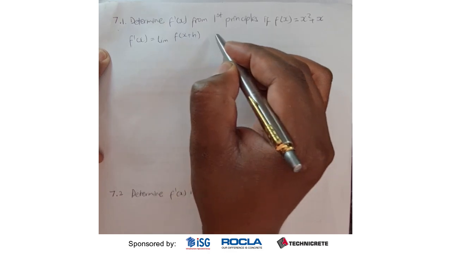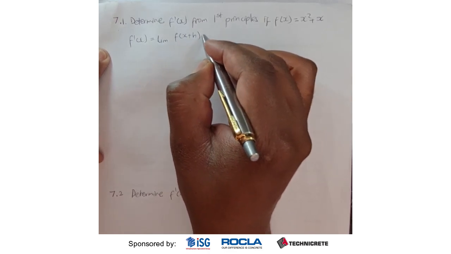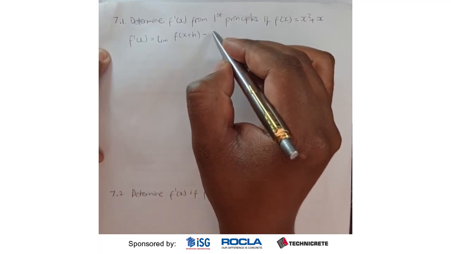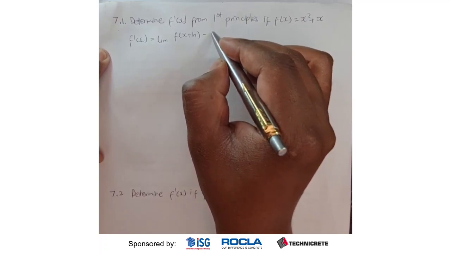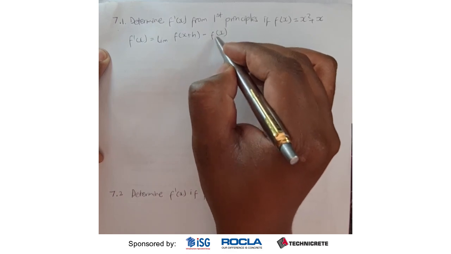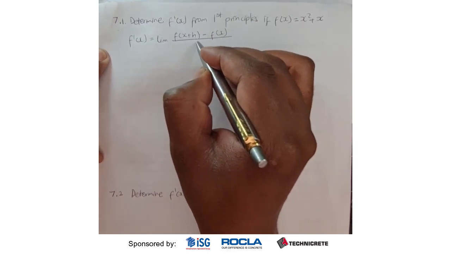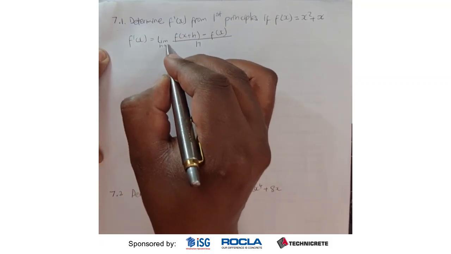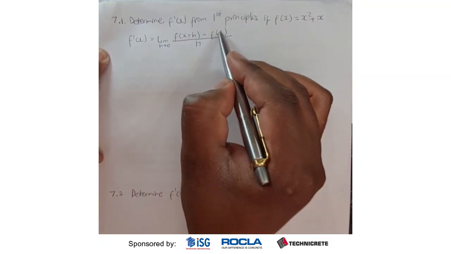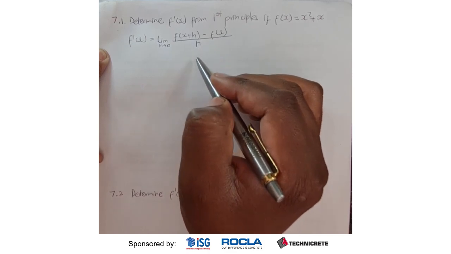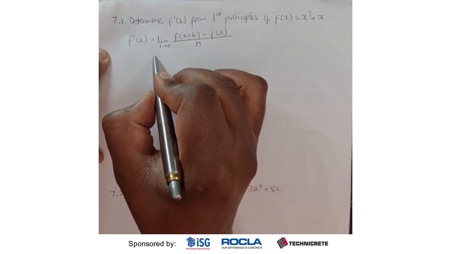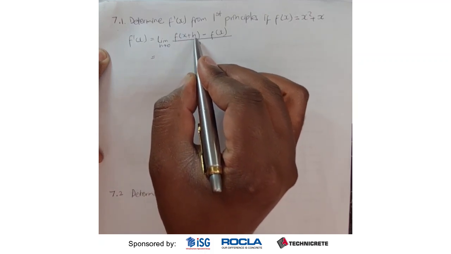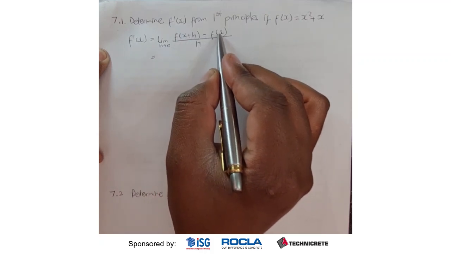So it's f prime of x as the limit of h tends to 0 of f of x plus h minus f of x all over the h itself. So our h here and here are tending to 0. Now we need to substitute in what f of x plus h is and what f of x is.